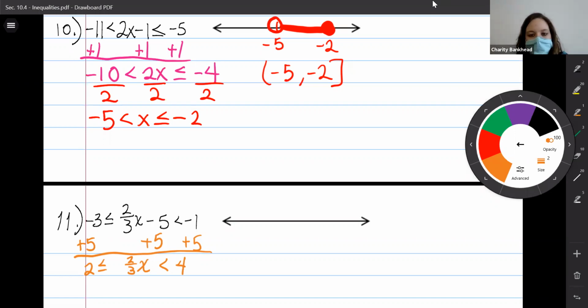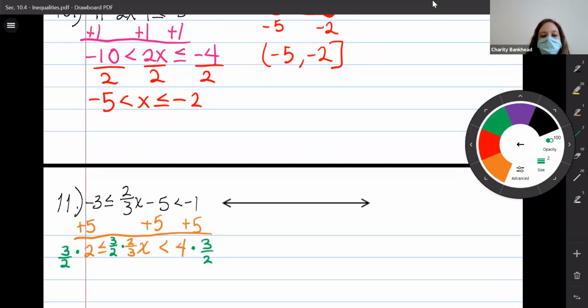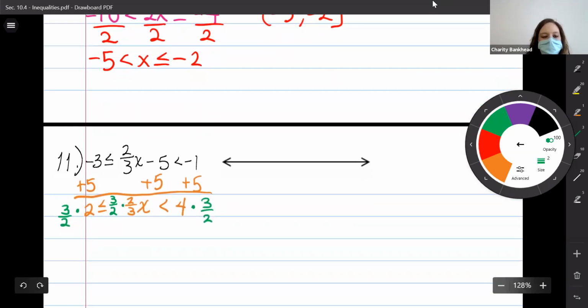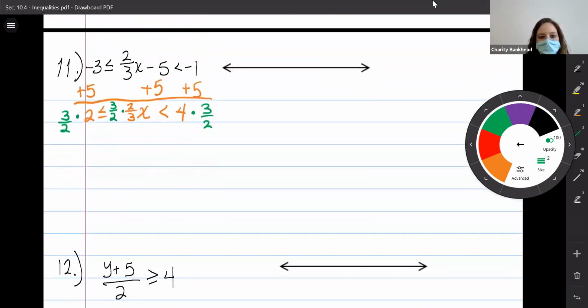So to get rid of 2/3, I could divide by 2/3, which is the same thing as multiplying by 3/2. So multiply each of those 3 sections by 3/2.